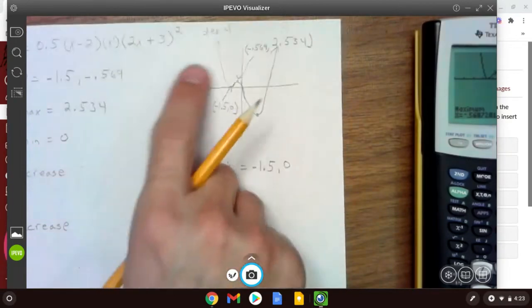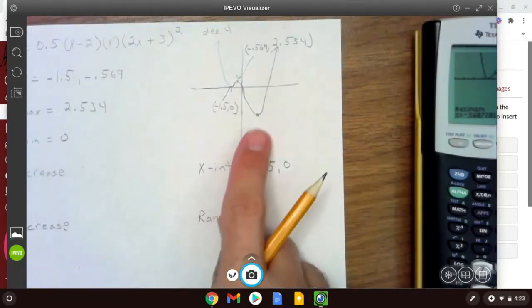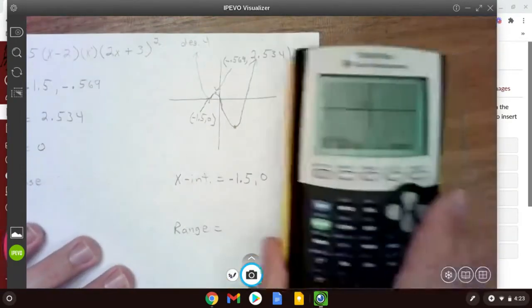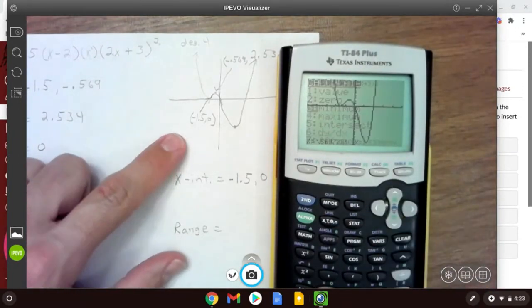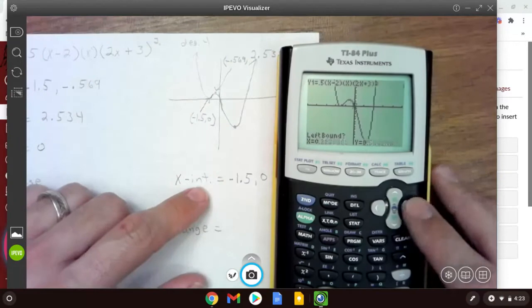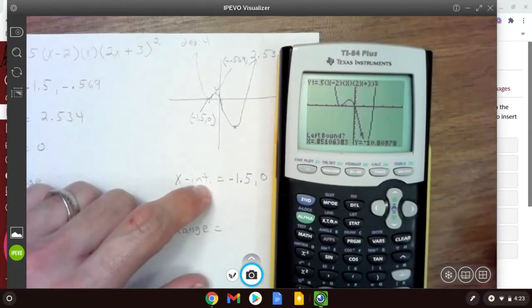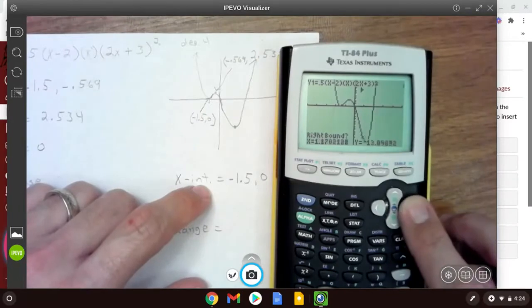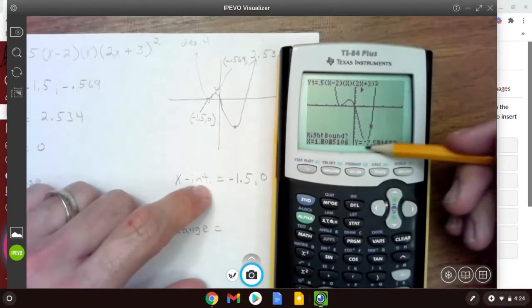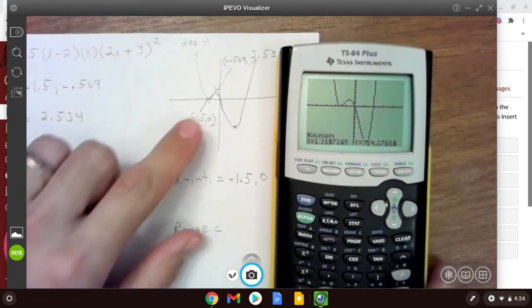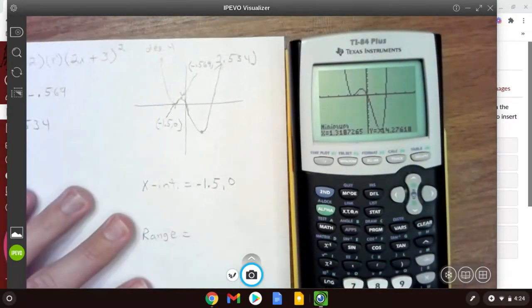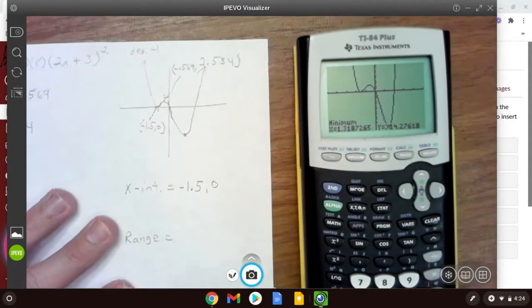Got one more to do here. Since this is a degree 4, it actually has 3 turning points this time. They're capable of having that many. They don't all have that many, but this one does. So now I'm to the left of that dip, and I need to get to the right of that dip. We got 1.319.